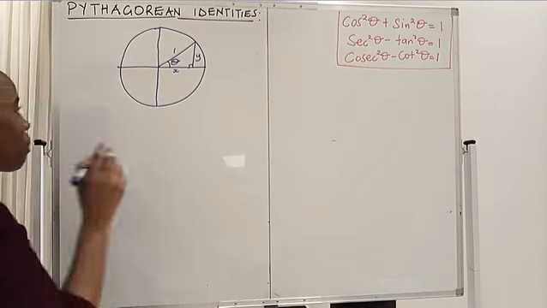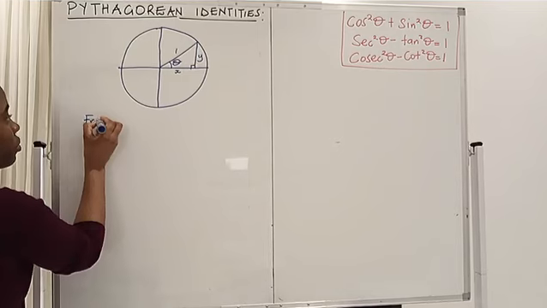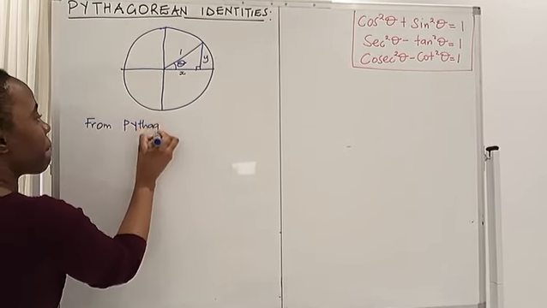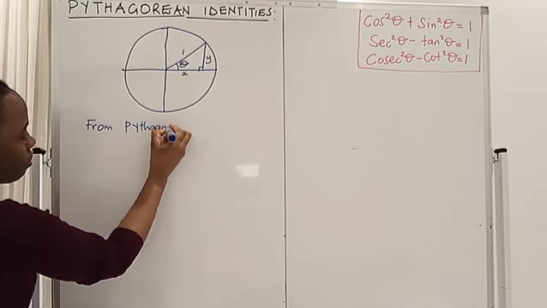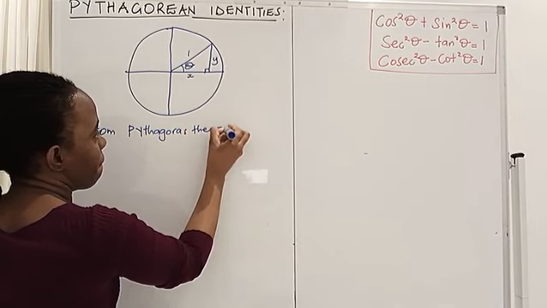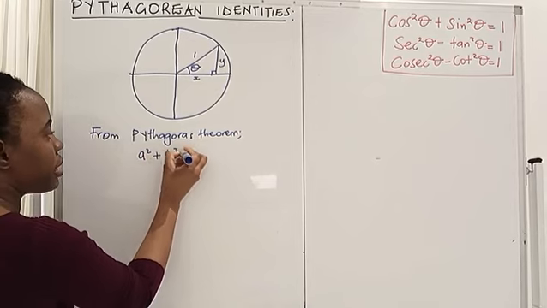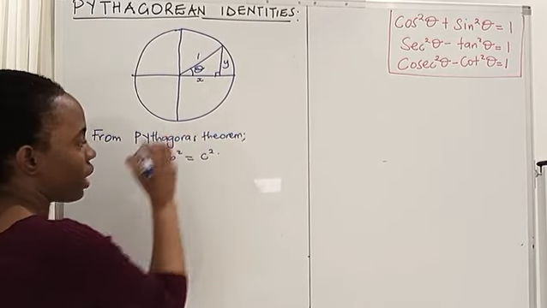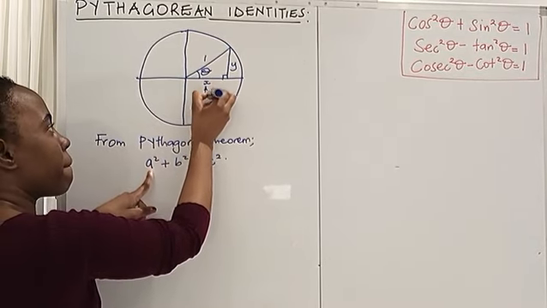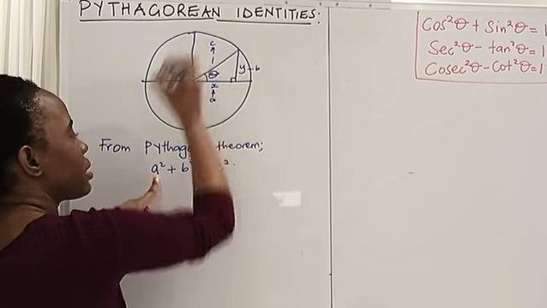Now we know that from the Pythagoras theorem, a squared plus b squared is equal to c squared. Okay, now this is our a, this is our b, and the longest side is our c.